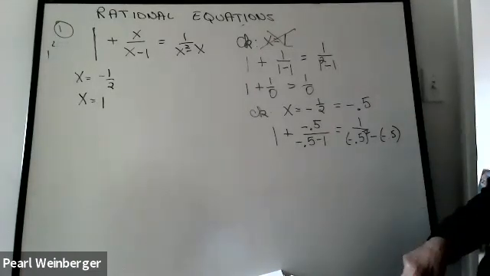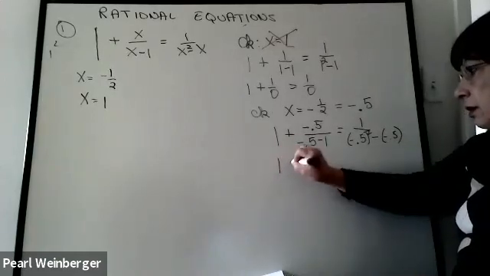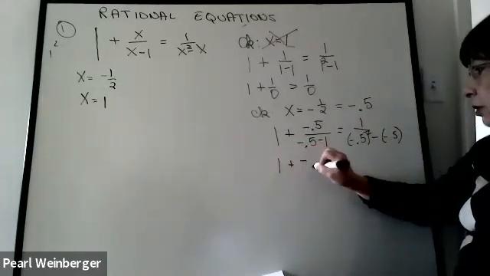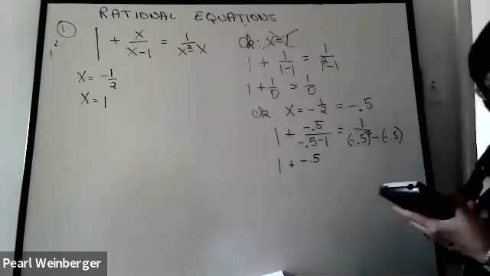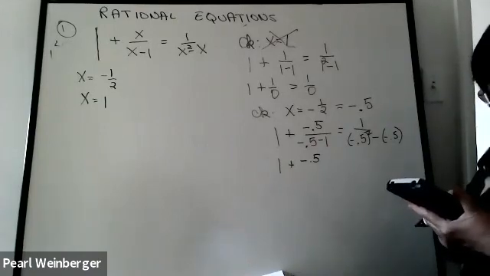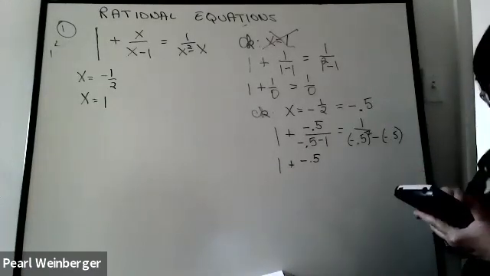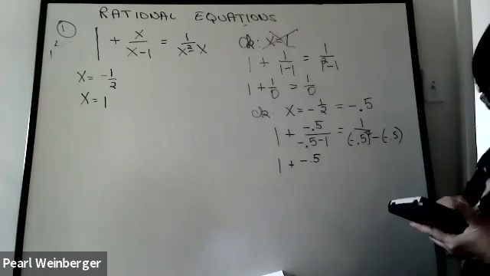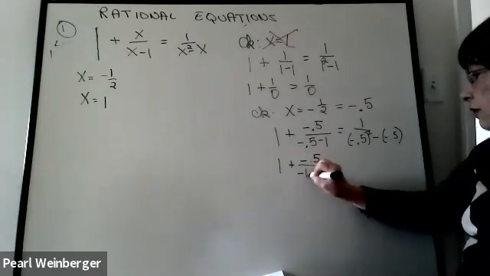And I'm going to use my calculator to work this out. This will stay 1. This will be 0.5. Okay, so first I'm doing this in steps on my calculator, negative 0.5 minus 1, which is negative 1.5.